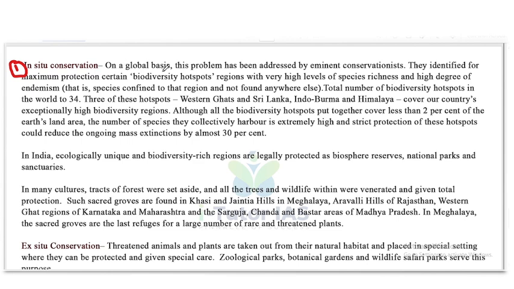On a global basis, this problem has been addressed by eminent conservationists. They identified for maximum protection certain biodiversity hotspot regions with very high levels of species richness and a high degree of endemism. Endemism, the definition, is species confined to that region and not found anywhere else.